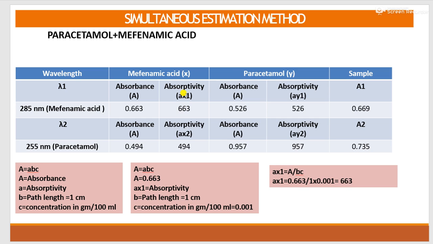Similarly, all the absorptivities you have to calculate, that is AX1, AX2 for mefenamic acid, that is X, and AY1, AY2 for paracetamol Y, at both the wavelengths. And for the sample, as I told you, you just take the absorbance of the sample at lambda 1 and lambda 2, that will be your A1 and A2 respectively.